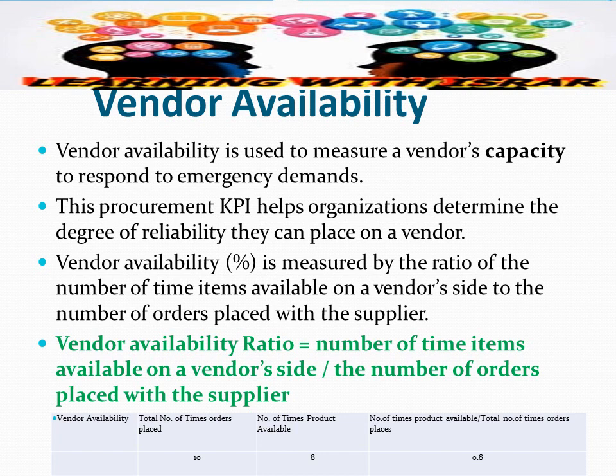So vendor availability ratio is equal to the number of times items are available on the vendor sites divided by the total number of orders placed with that particular supplier. For example, in the bottom we have placed 10 orders, and 8 times the items were there, so it is like an 80% ratio of vendor availability.